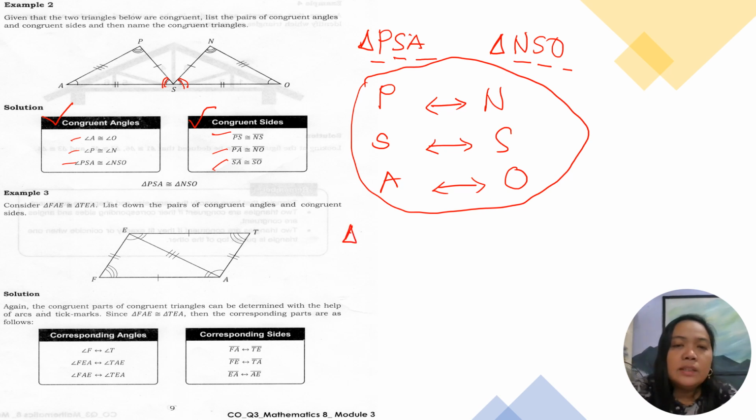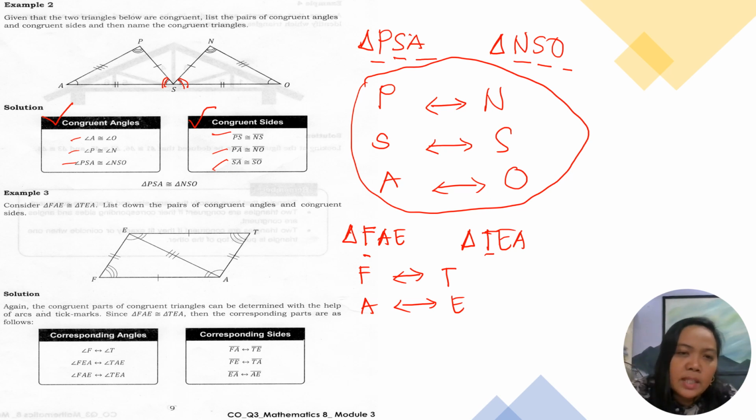Let us list down first the two triangles. Triangle FAE and triangle TEA. Make sure that vertex F corresponds to vertex T. Vertex A corresponds to vertex E. Remember, this is vertex A of triangle FAE.